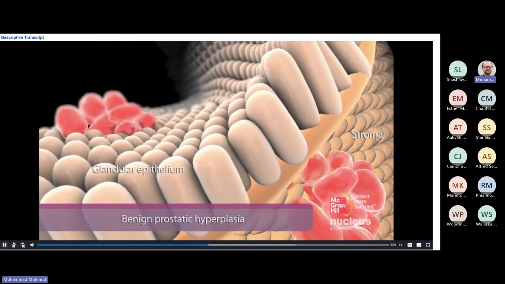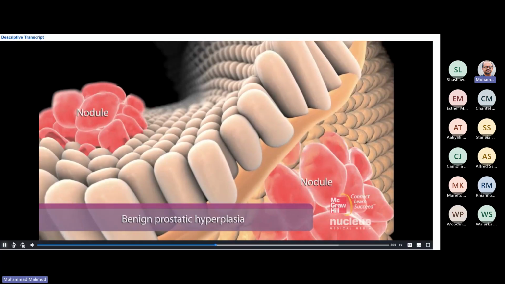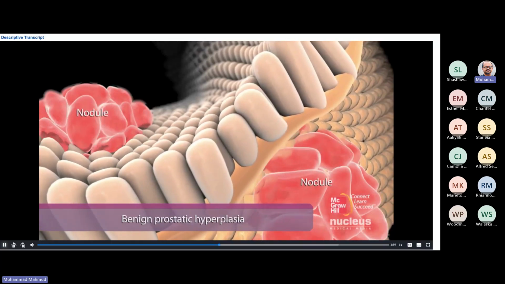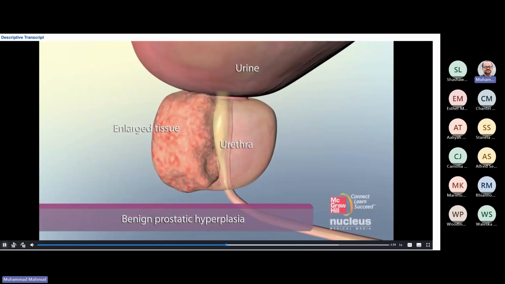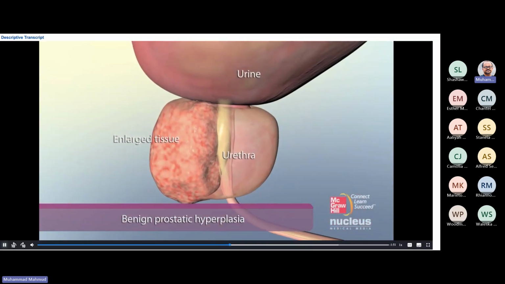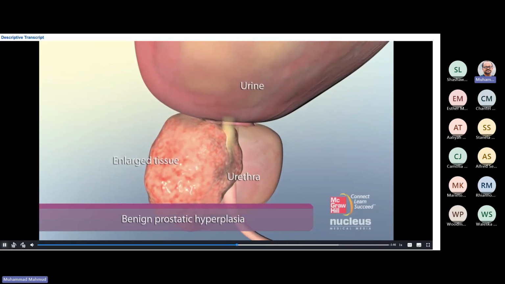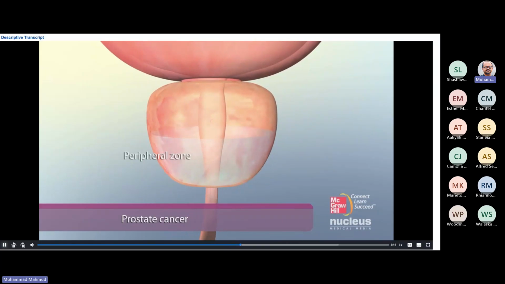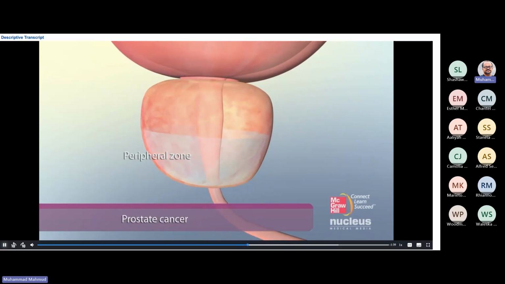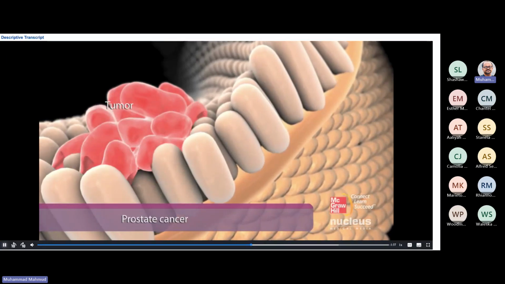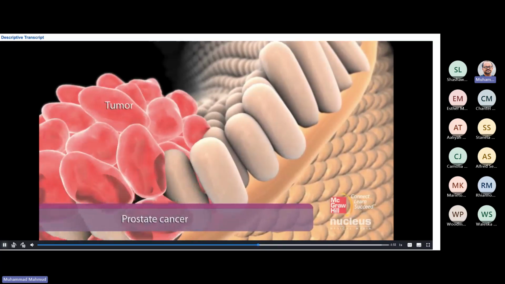In benign prostatic hyperplasia, the glandular epithelium and stroma proliferate in the transition zone and form nodules that expand the tissue. Over time, the enlarged tissue compresses the urethra and prevents normal urination. In contrast, prostate cancer commonly occurs in the peripheral zone, in which the glandular epithelial cells mutate and divide in an uncontrolled manner.